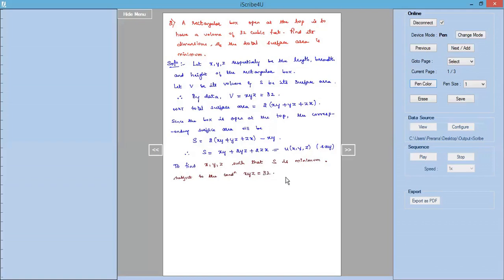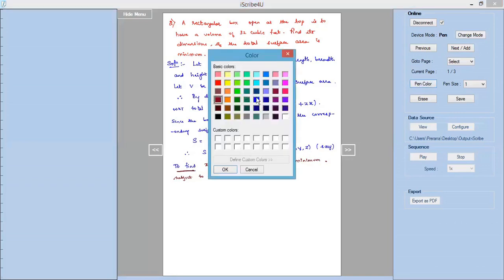So subject to the condition xyz equal to 32, S is minimum. With these conditions, we have to find out x, y, and z. To find the dimensions is our aim.